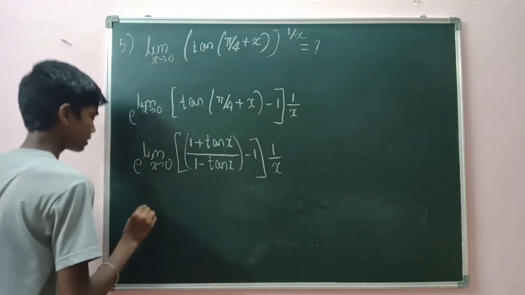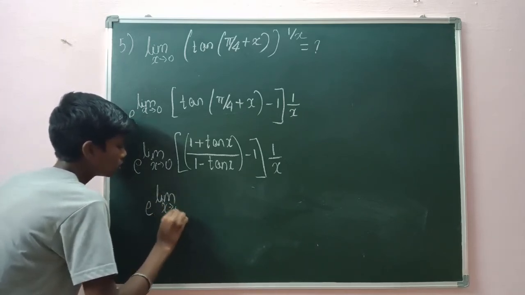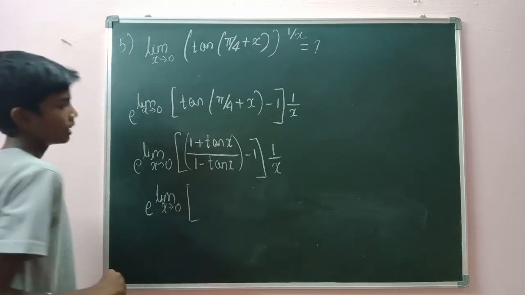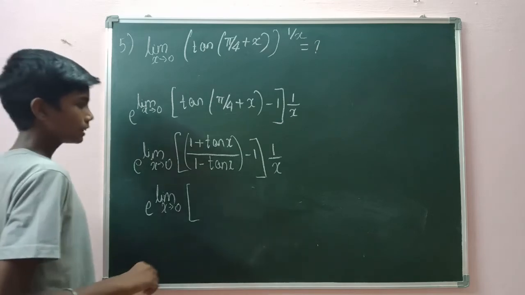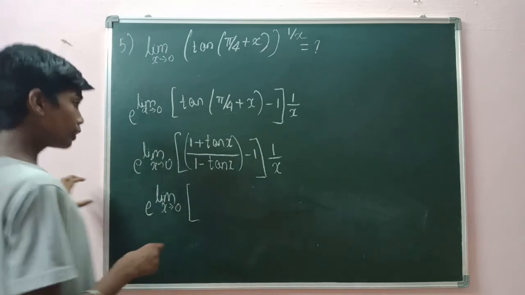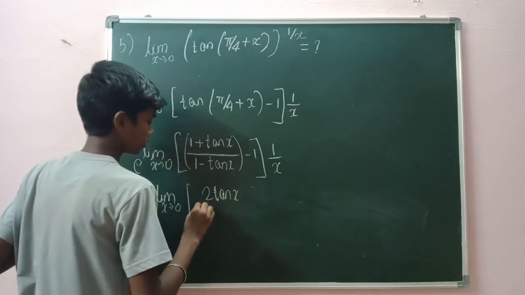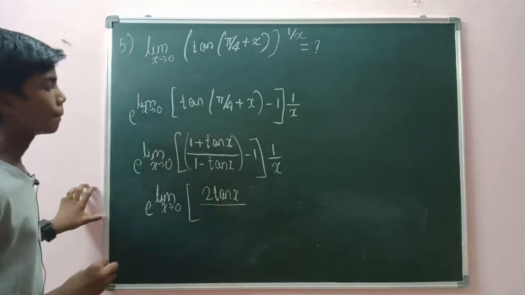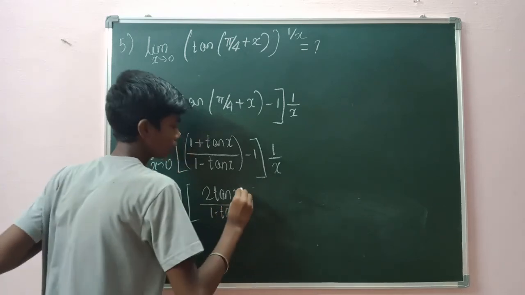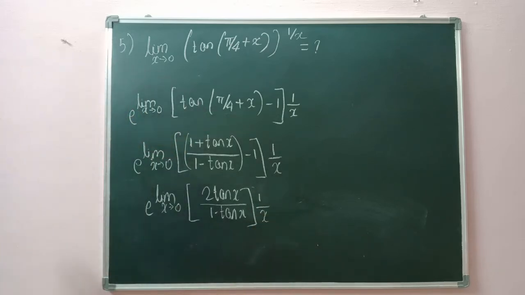So now, people, it's going to be very simple. I can write the same as e power limit of x tends to 0 of, when I solve this base, you will get it, take LCM guys, as 2 tan x by 1 minus tan x into 1 by x.